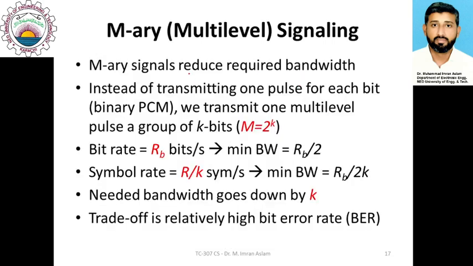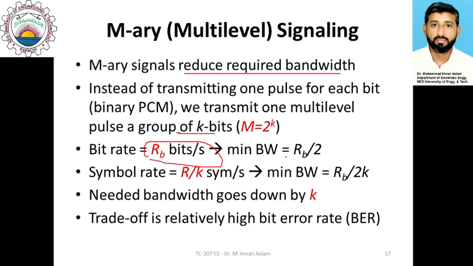As I mentioned, the advantage is that M-ary signaling requires relatively lesser bandwidth. Instead of transmitting one pulse for each binary PCM, we transmit a multi-level pulse, a group of k bits. The bit rate in that case is Rb, and the minimum bandwidth is Rb by 2.